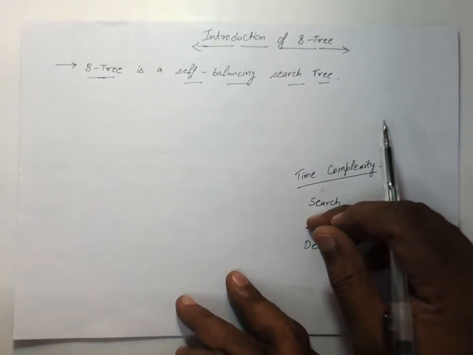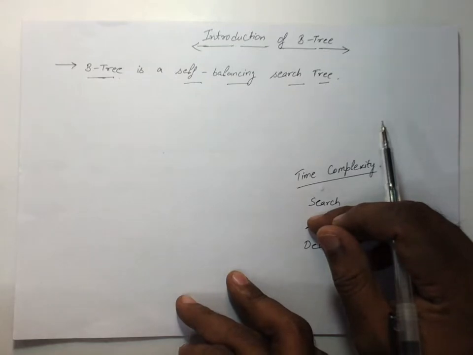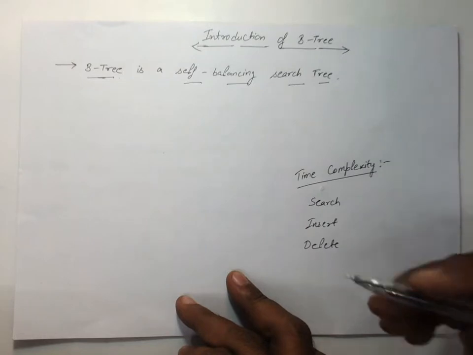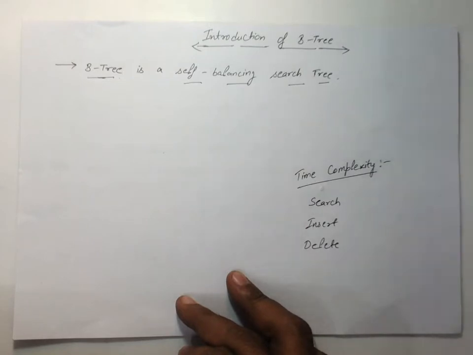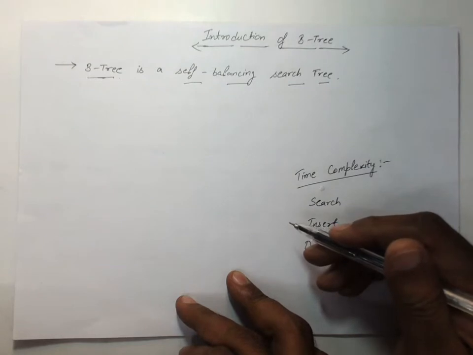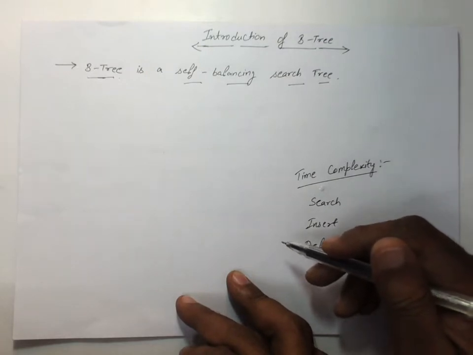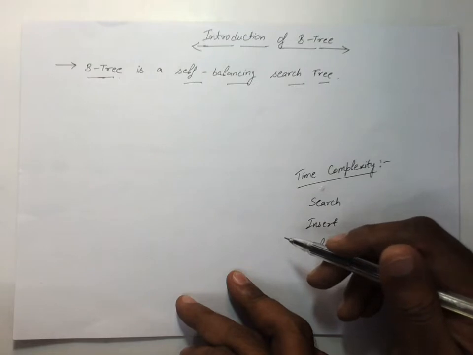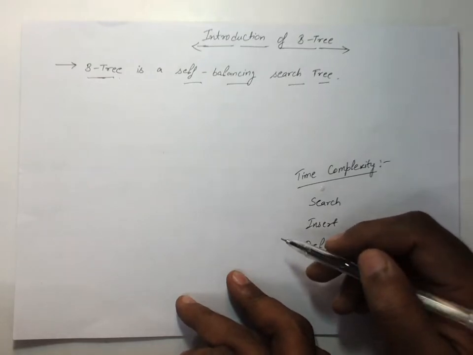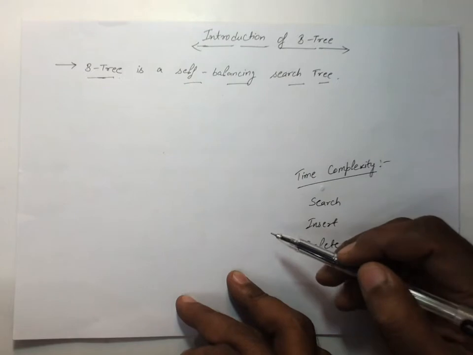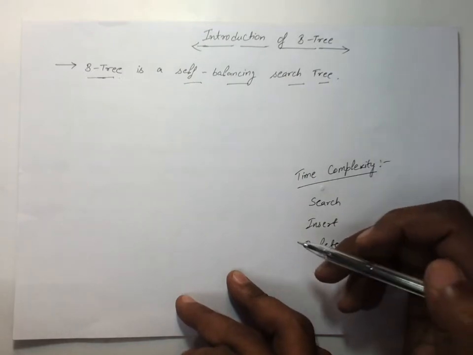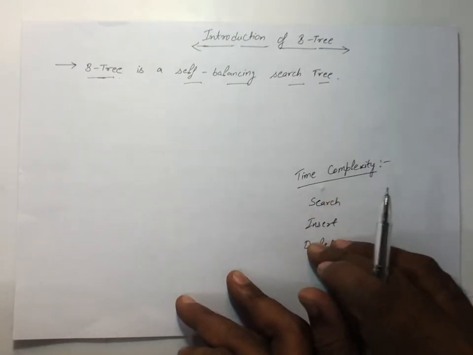Because all the leaf nodes are at the same level, and when you grow from one node to another and apply operations on the B tree, you can see that all the nodes and all the heights of the B tree are balanced. So that's why this is called a self-balancing search tree. Today I will first introduce the concept of B tree.